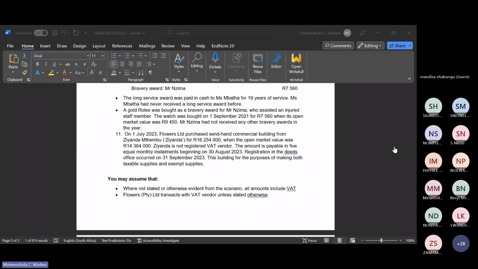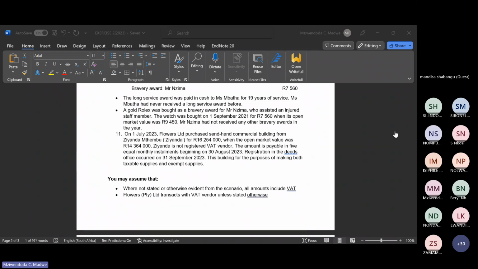The second thing that you have to take into consideration is the word second hand. Second hand good. So since Flower is purchasing a second hand good, what does that mean?